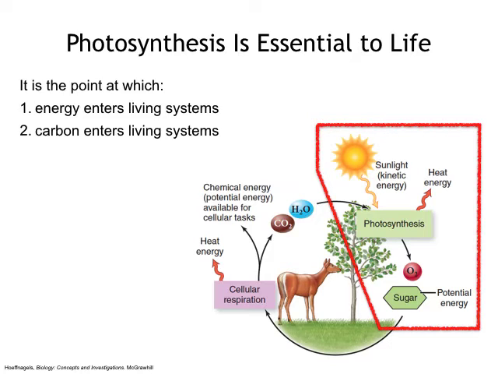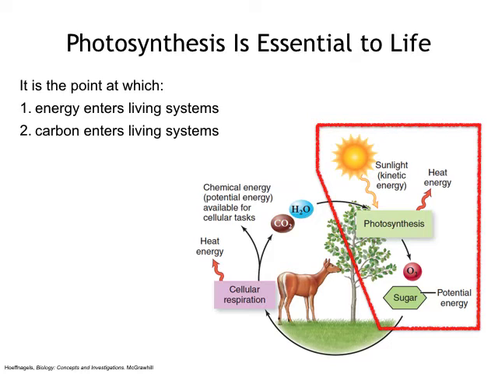So you can see that photosynthesis is where energy enters living systems. All living things depend on plants because they harness energy from the sun and turn it into usable energy, into sugar, right? And it's also where carbon enters living systems. This is important because remember, all living things are composed of organic matter, which is mainly made of carbon, hydrogen, oxygen, nitrogen.